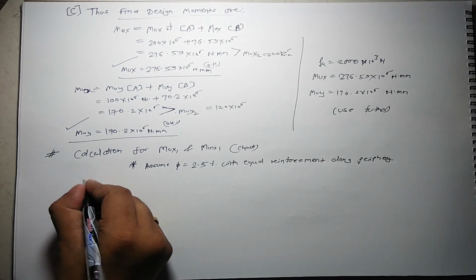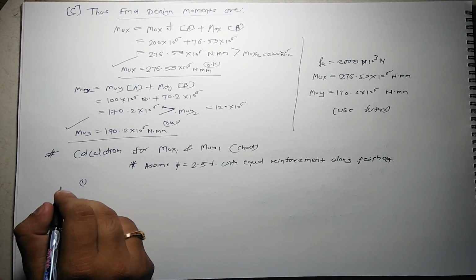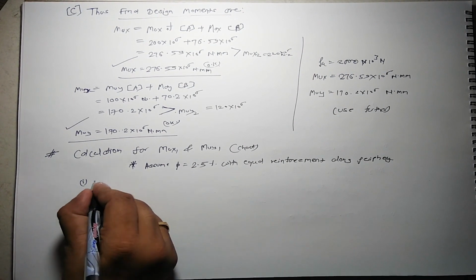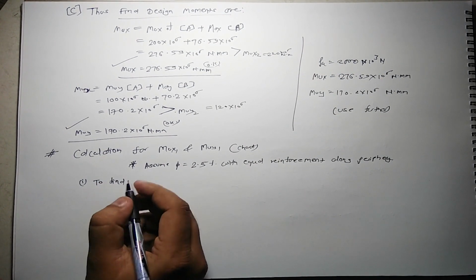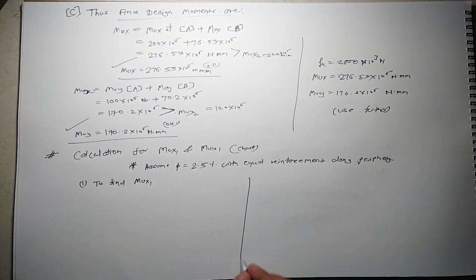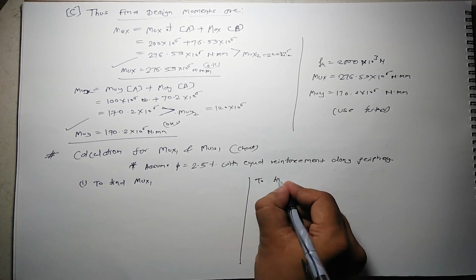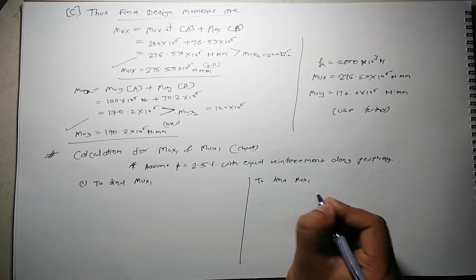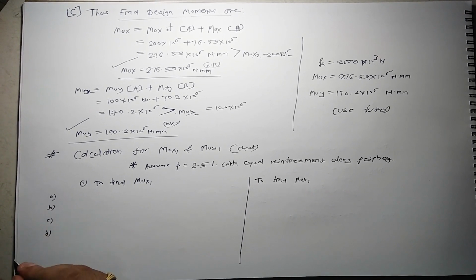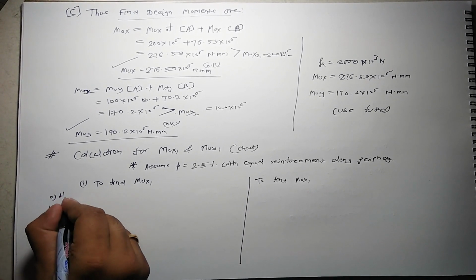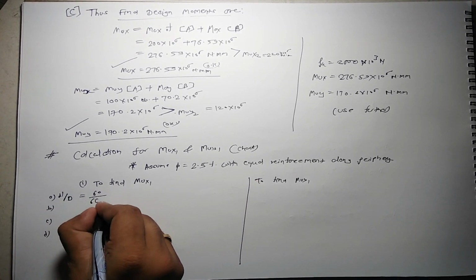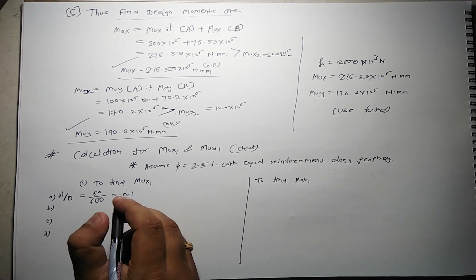So first we'll see this part, and for this we require 4 parameters to find Mux1, and similarly to find Muy1. So we require 4 values. First one, d dash by D, what is 60 upon 600, it is 0.1.